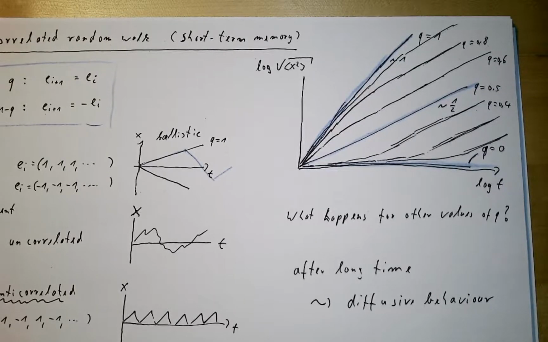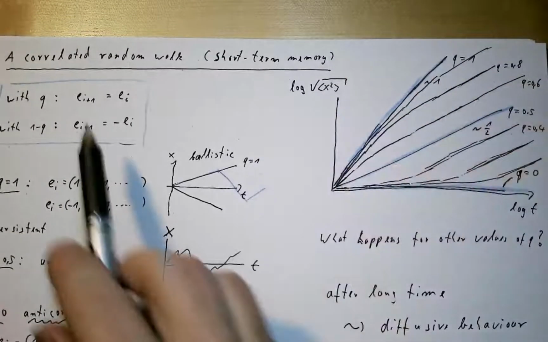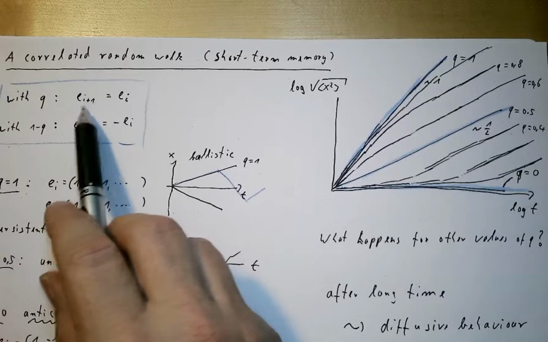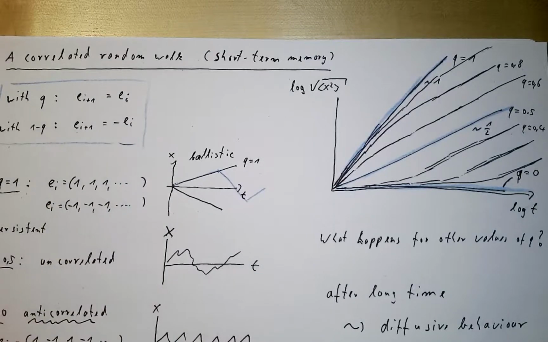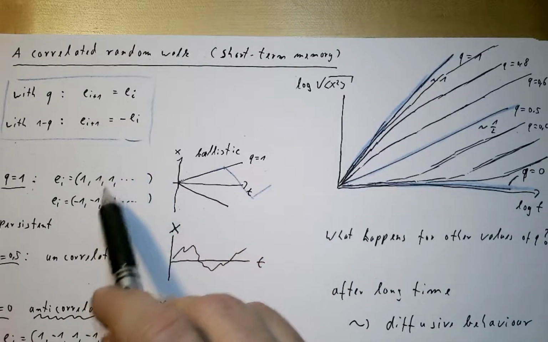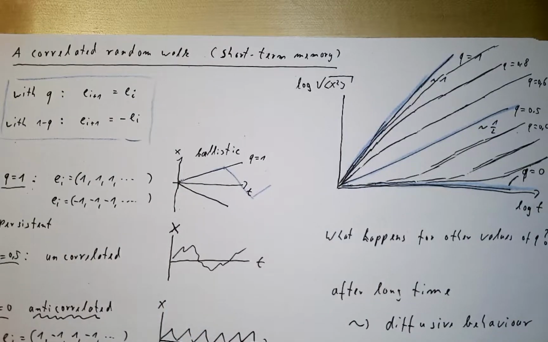So this means like when we have a short-term memory in the process, and that's the shortest possible thing we can do, because the next step just depends on the previous step. But then with higher orders it depends also on the step before and so on. So we have a memory which then exponentially decays in time.